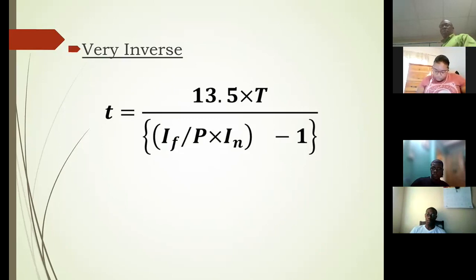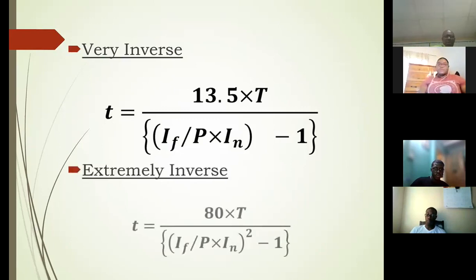So for this one, the IF over PIN is raised to the power 1, giving 13.5 T. And then for the extremely inverse, we have 80 T over (IF divided by PIN) squared minus 1.